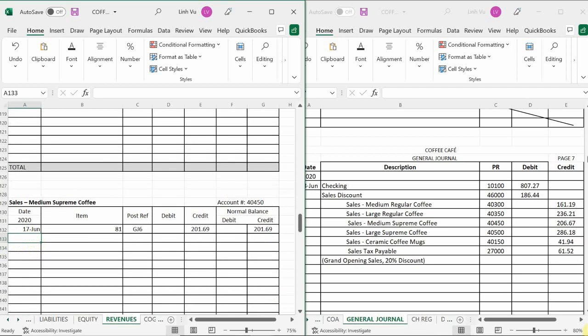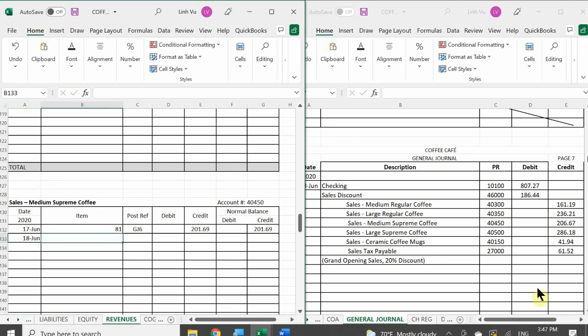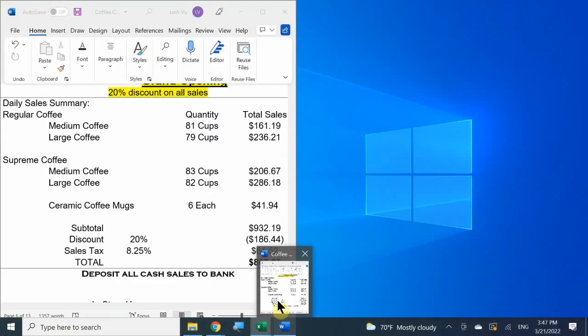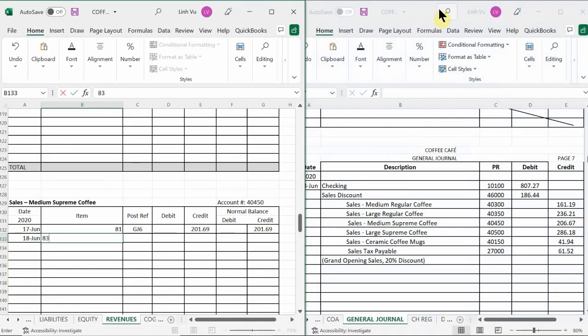We also sold medium supreme coffees. How many cups did we sell? We sold 83 cups. Okay. For a total of 206.67.